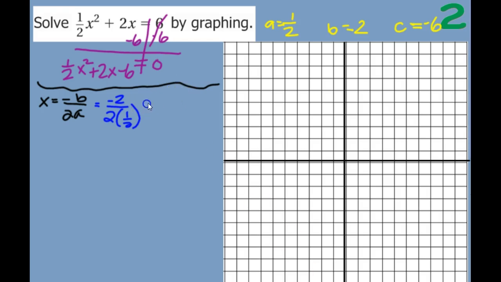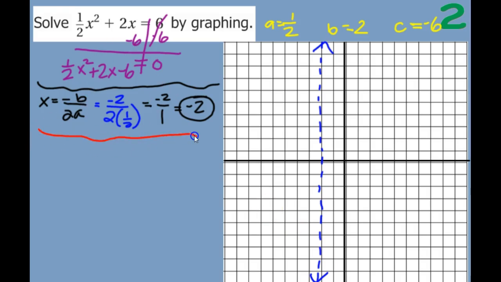So just think, half of 2 is 1, so x is equal to negative 2. That is our axis of symmetry, so at negative 2 right here, we're going to draw our dashed line. There's our axis of symmetry where our graph will fold in half or be symmetrical.